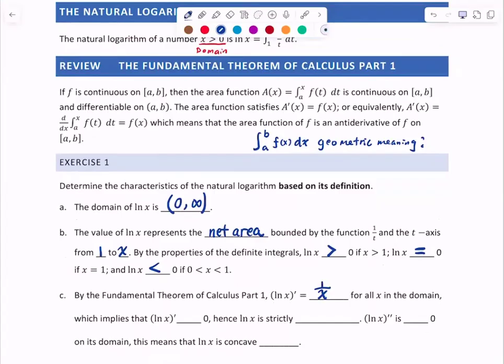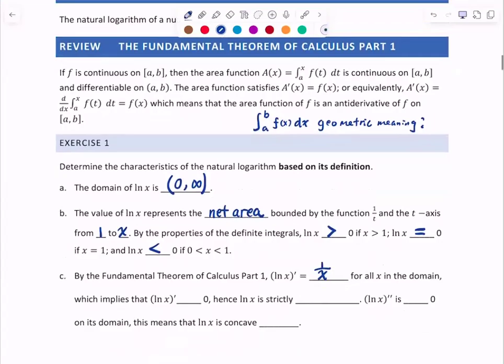Okay, remember the domain is everything positive. And so that means if everything positive, what's happening to the derivative? Is greater than 0. And if derivative is greater than 0, based on Cal 1, it tells you that ln x is strictly increasing or decreasing. First derivative test. Increasing.